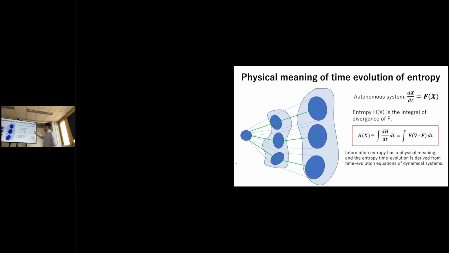So information entropy actually has a physical meaning, and the entropy time evolution is derived from this equation. This is a rigorous expression of the uncertainty in the equation.